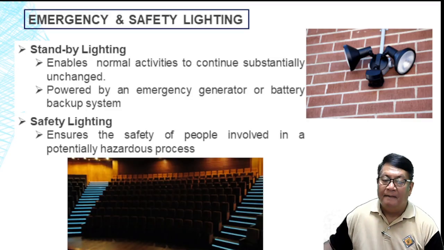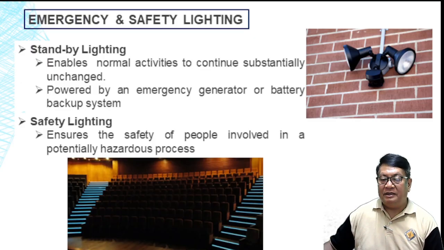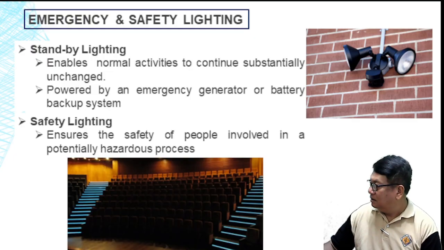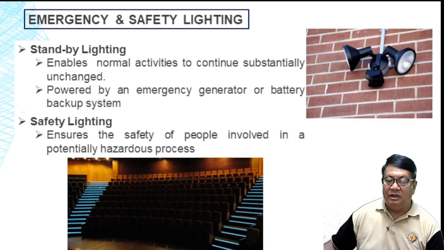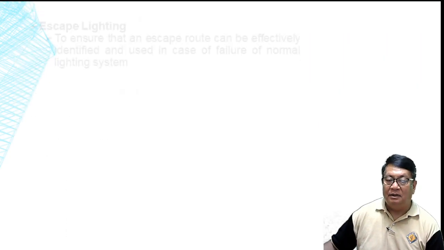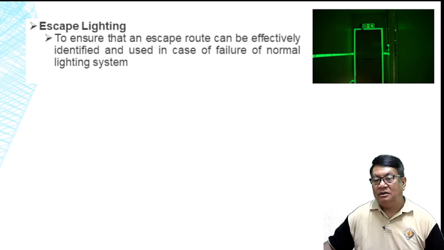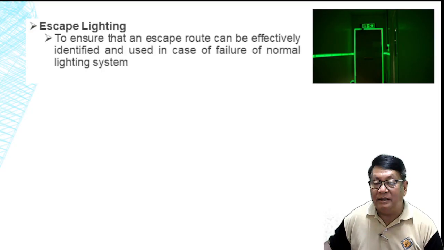Okay. So we have also the safety lighting, no, which ensures the safety of people involved in potentially hazardous processes. Okay. So this is an example of safety lighting system. So we have also this escape lighting, no. So this is to ensure that an escape route can be effectively identified and used in case of failure of the normal lighting system.